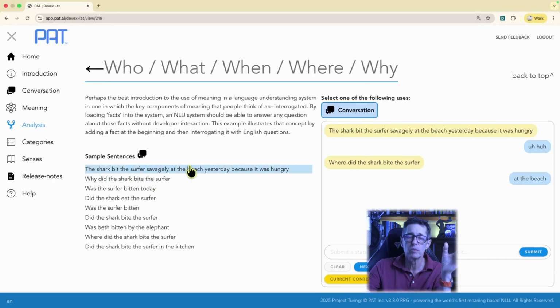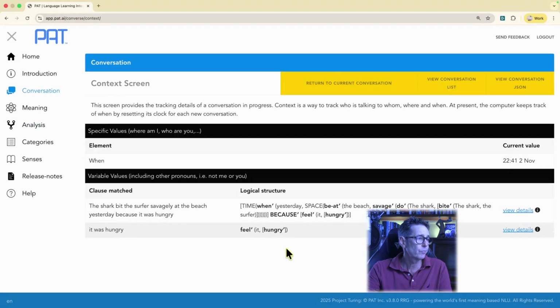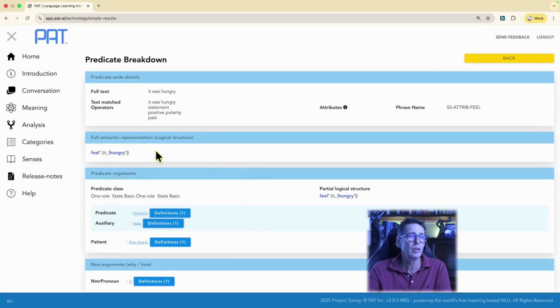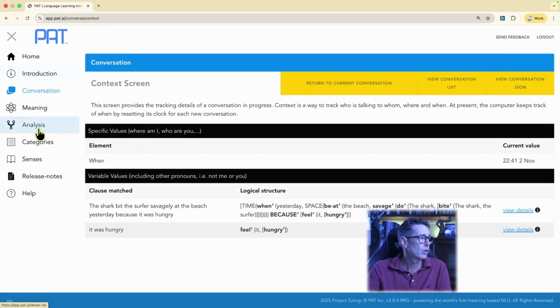So we're able to pull apart the meaning and then target a question about some particular aspect of meaning, even though it was all bundled together. And again, if we look at the current context, we can see there's the shark biting the surfer, and it was hungry. It feels hungry.